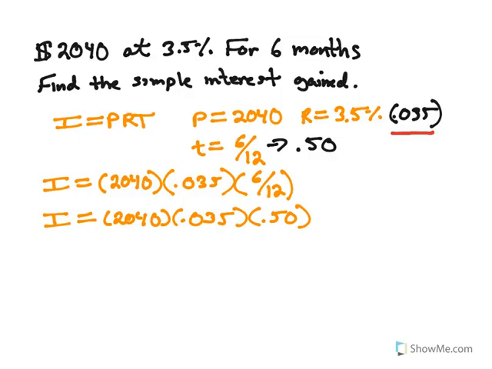And then when you multiply the three quantities together, you will get $35.70 of interest. That will be added to that $2,040. So it's a pretty simple method, a pretty simple formula to use.